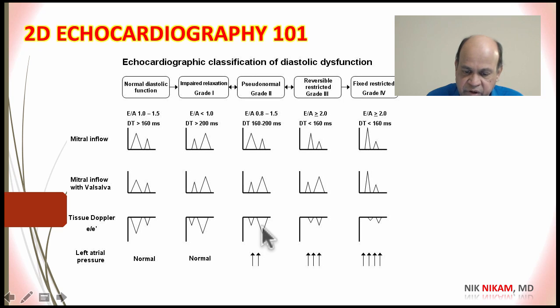But this is what is going to help you understand that we are dealing not with a normal E to A waveform, but with an abnormal one, because the tissue Doppler is not concordant with the mitral inflow Doppler. And the interesting thing at grade 3 is the amplitudes of these are quite diminished in tissue Doppler compared to the patient with a normal diastolic function.